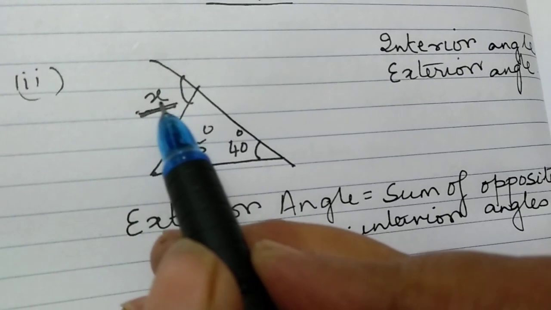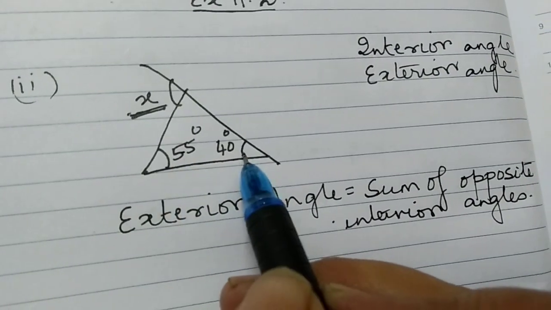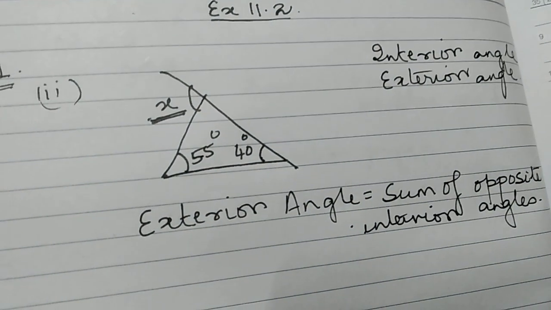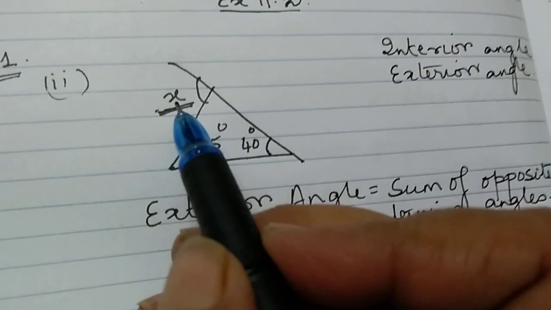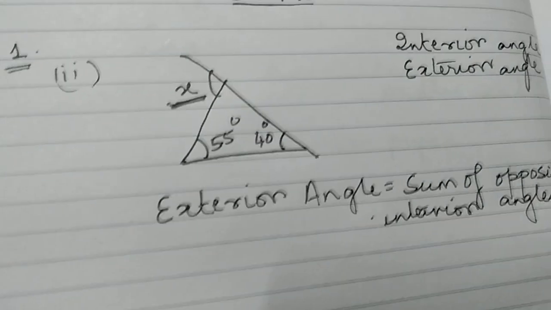Opposite interior angles means what is the opposite interior angle to X? It is this and this. That means X is equal to 55 degree plus 40 degree.